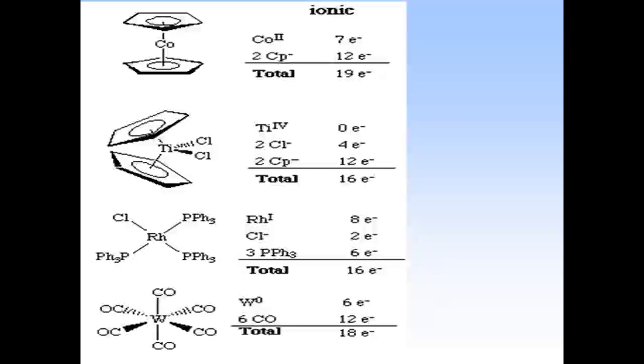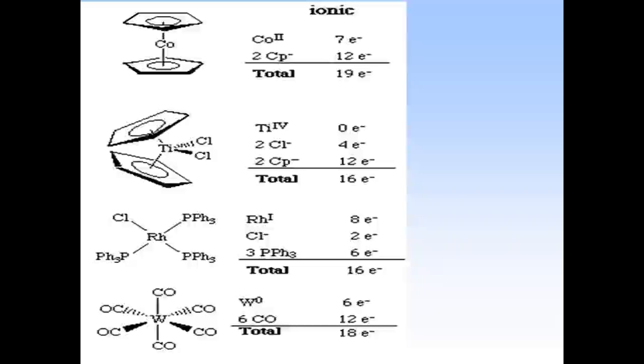Next we move on to the titanium compound. In the case of titanium, there are 2 cyclopentadienyl rings with the formal charge of -1 and 2 chlorine ligands with the formal charge of -1. So totally 4 minus formal charge, and hence titanium occurs as Ti4+. So there are no electrons present in titanium, so 0 electrons. 2 Cl minus contribute 4 electrons, 2 Cp minus contribute 12 electrons, and 12 plus 4 is 16 electrons.